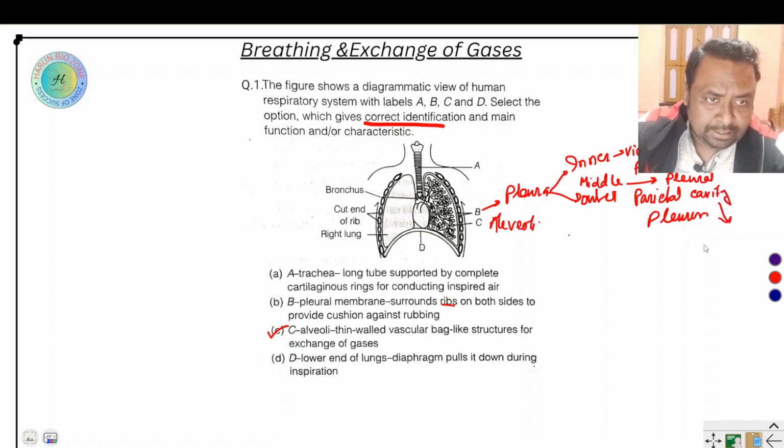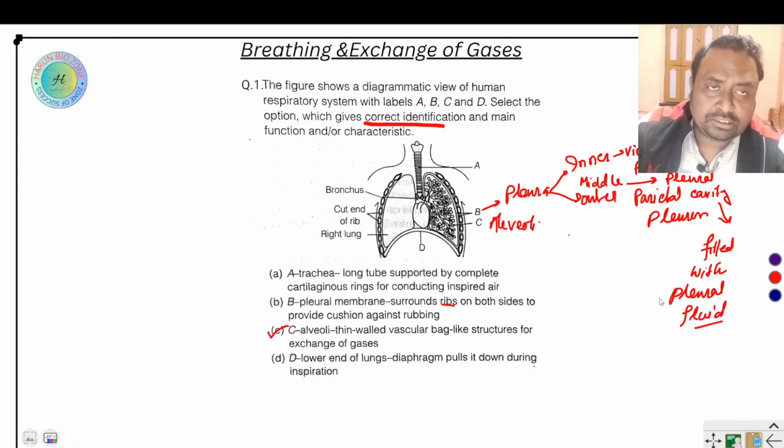This cavity is filled with pleural fluid that maintains moisture and lubrication of the lungs and also acts as a mechanical shock absorber.